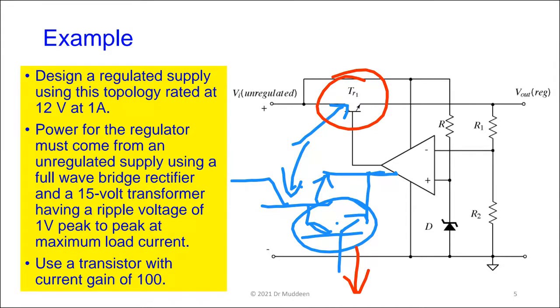Remember, we said that the transistor here, if this is 12 volts and this is 20 at the highest, and you're carrying 1 amp, the transistor has to dissipate something like 8 watts at full load. All right? That was in the discussion yesterday.